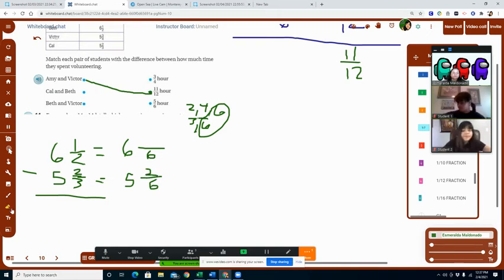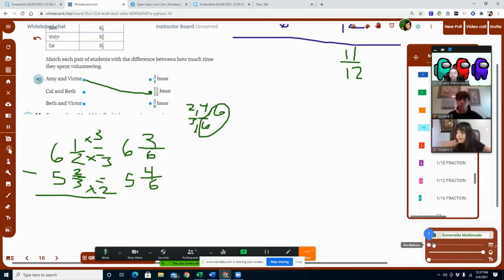So, oh, I made a mistake here, right? 3 times 2. So that means that I multiply 2 times 2, and that is equal to 4. Now, what is 2 times what number equals 6 here for the first fraction? 2 times 3. So if I multiply that to the denominator, I need to do it to the numerator. 1 times 3 is equal to 3.